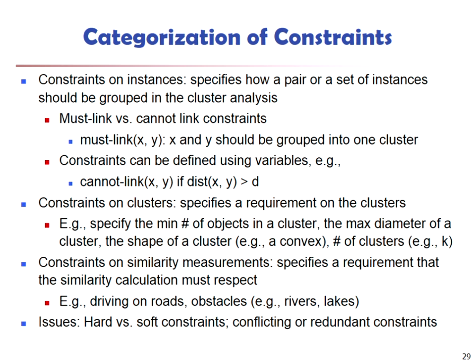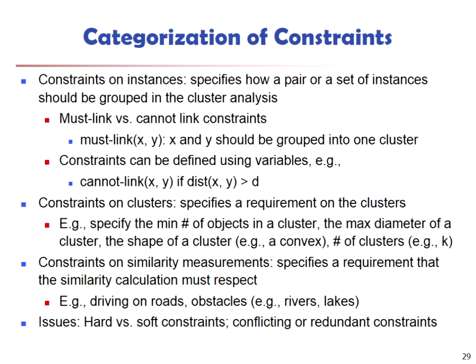Good. The second category is constraints on clusters. It specifies a requirement of the clusters. For example, we specify the minimum number of objects in a cluster, the maximum diameter of a cluster, the shape of a cluster, for example, convex, the number of clusters, for example, K in k-means, etc. The third type is constraints on similarity measurements.